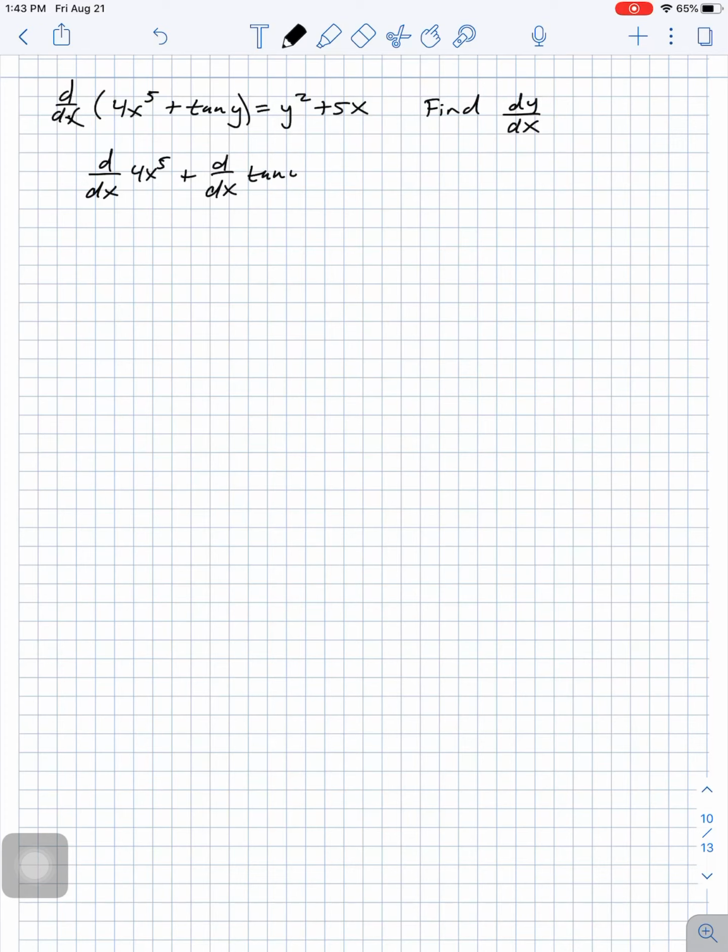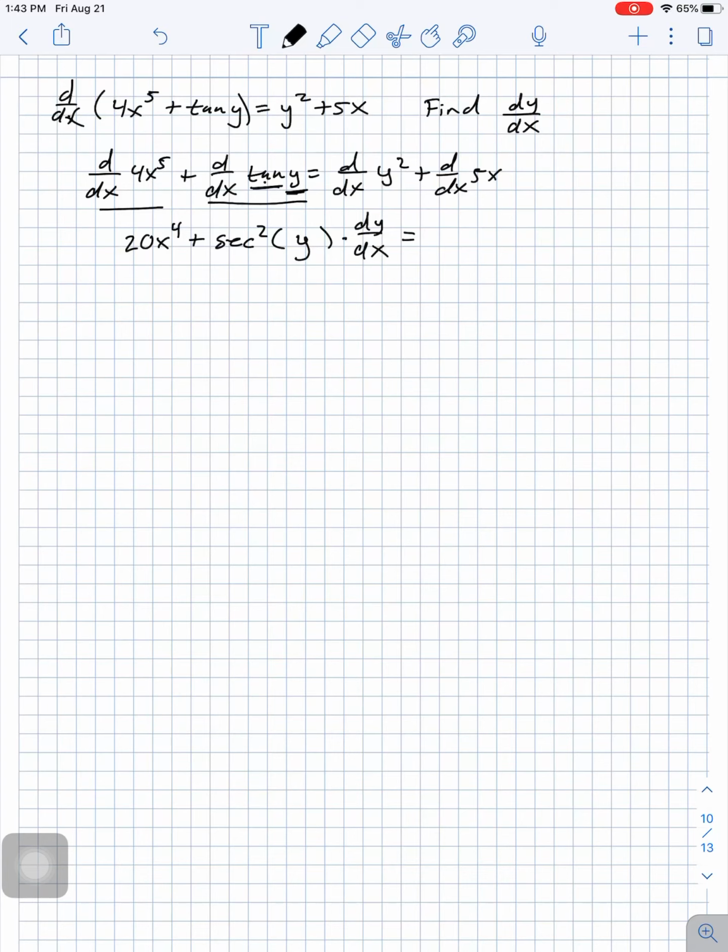d dx, tangent y, and then the right hand side. Okay, so the derivative of this first term is going to be 20x to the fourth. The derivative of this term, this is the derivative of the outside function of tangent is secant squared, evaluated at the inside function, which is y, times the derivative of the inside function, which is dy dx.